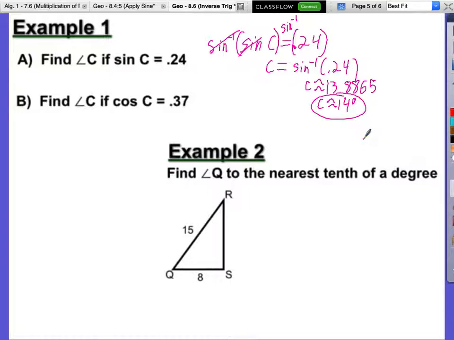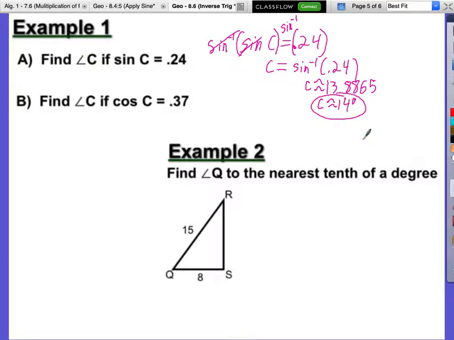Yeah, you did do that. There you go. I don't have a calculator. I mean, I have one.